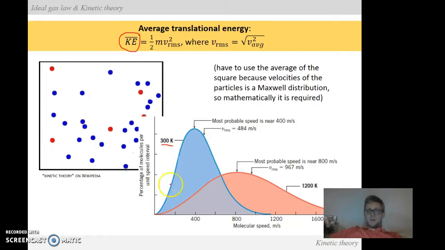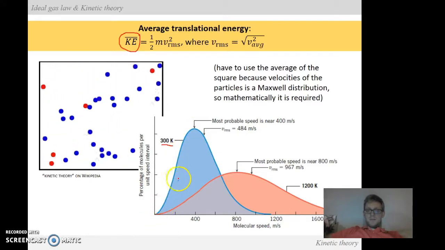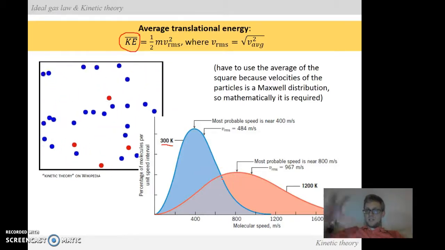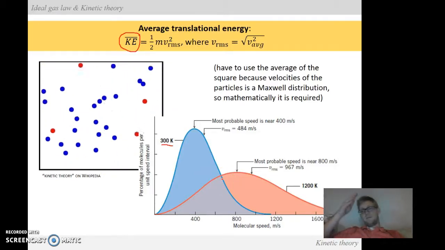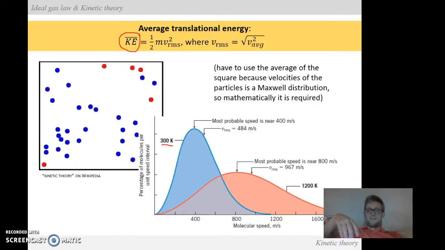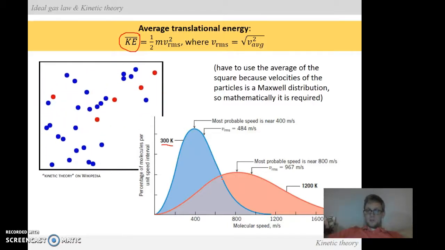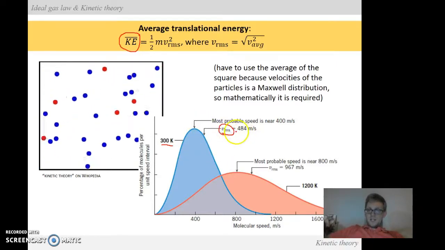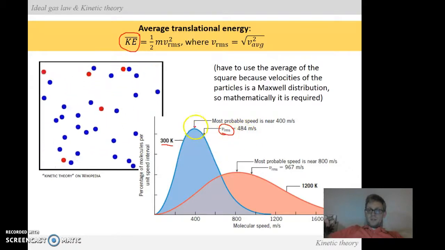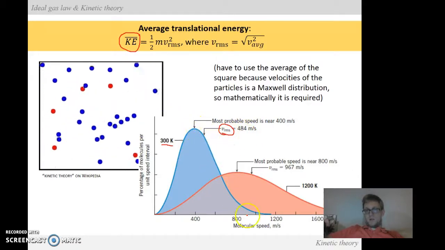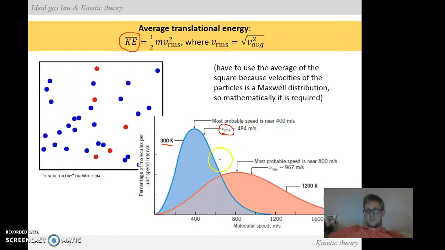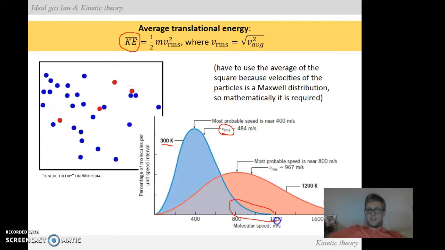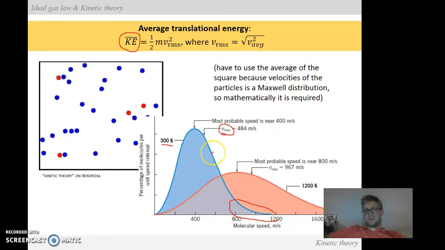So you can see that there's a pretty good span of speeds of particles in the system. They're not all at 400 meters per second, but there is a distribution. And this VRMS, this root mean squared velocity, ends up being about 484. It's moved over towards the right here because there's a little extra tail. You'll notice it's not a strict bell curve, and that extra tail helps move things over a little bit.